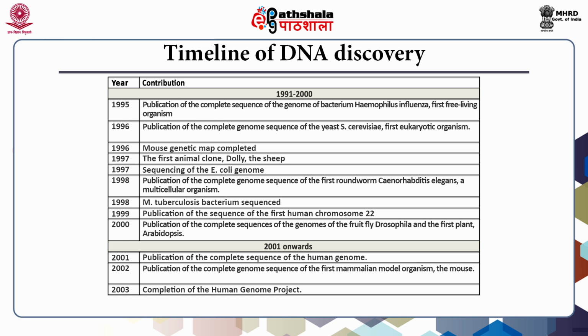Complete genome sequencing of the first free living organism, Haemophilus influenzae, in 1995, first eukaryotic organism, Saccharomyces cerevisiae in 1996, E. coli 1997, first roundworm C. elegans 1998, Mycobacterium tuberculosis 1998, first human chromosome number 22 in 1999, first plant Arabidopsis and fruit fly Drosophila in 2000, and human genome 2001.